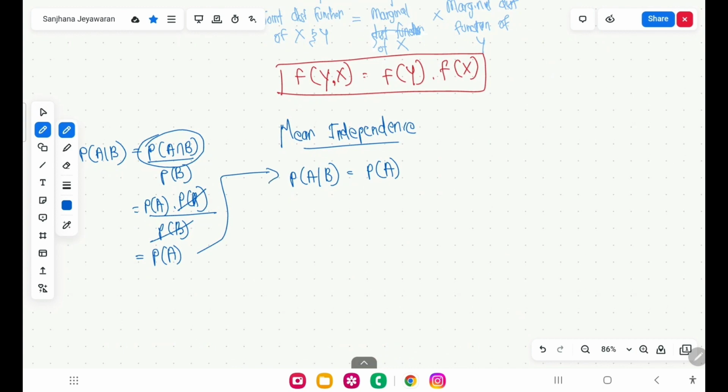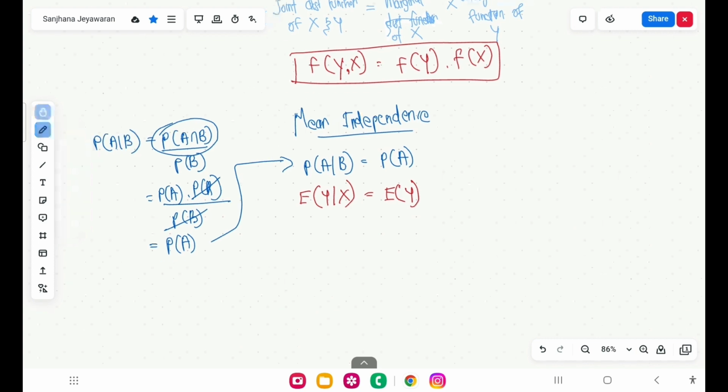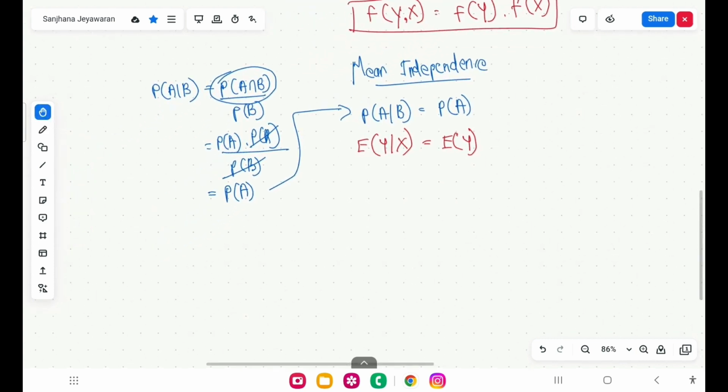Likewise, here in mean independence, what we are saying is the expectation of y given x is equal to the expectation of y. This is why I asked you all to refer to how we derived the population regression function, because in regression, how do we get the population regression function? First we set the values of x.